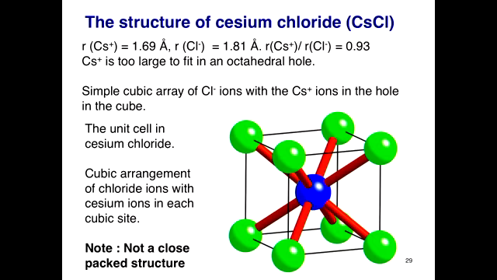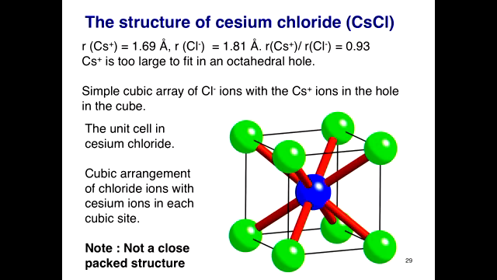What happens then? Well, it turns out that rather than have close packing of spheres, we have a simple cubic packing of spheres. So in this case, we don't have close packing. It's neither hexagonal close packing or cubic close packing. It's what we call simple cubic or primitive cubic.